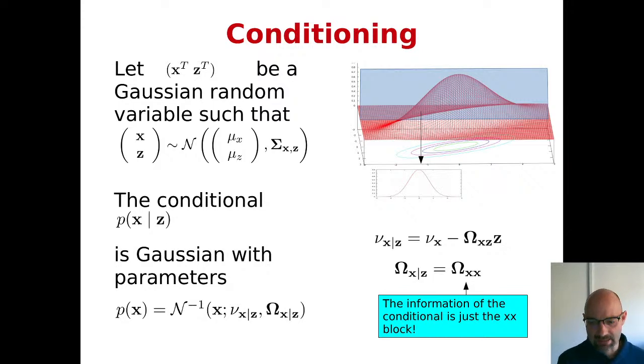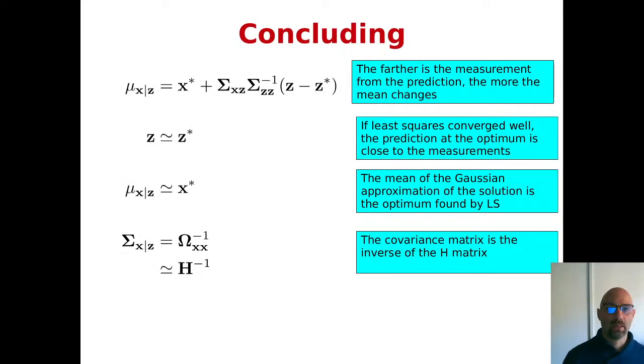But how does this all come together? Well, if we wrap things up, we look at the other rule of conditioning, the rule of conditioning in covariance form, with the moment parameterization. You figure out that the conditioned mean is equal to the mean at the optimum, which will be x star, multiplied by a correction term that depends on how different my measurements are from the predicted measurement.